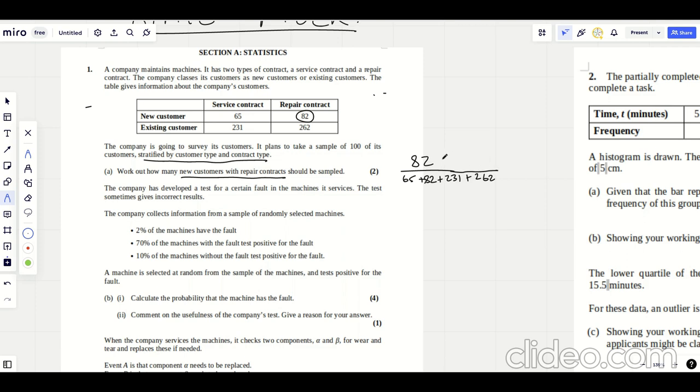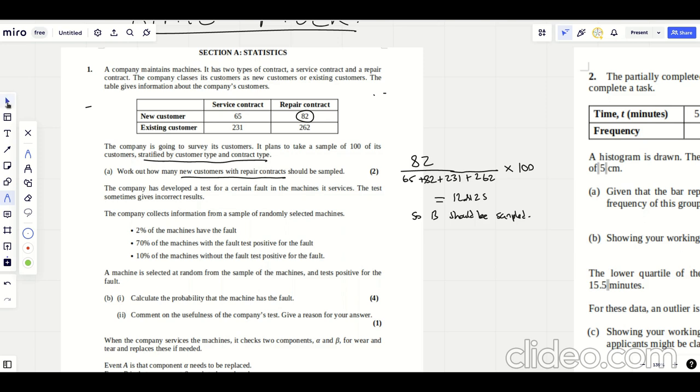That will find the fraction which we require out of 100. So if we multiply that by 100, that should give us the answer. And if you add all of these up and divide it by that and multiply 100, I think it equals 12.8125. But of course, we need a whole number, so 13 should appear in the sample.